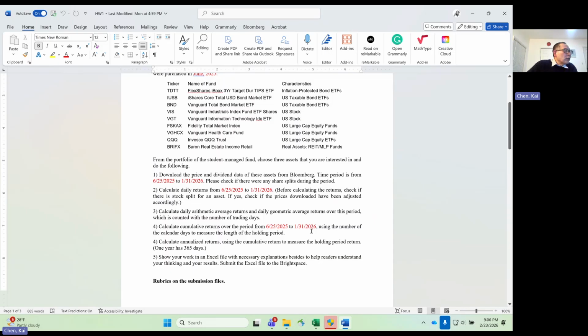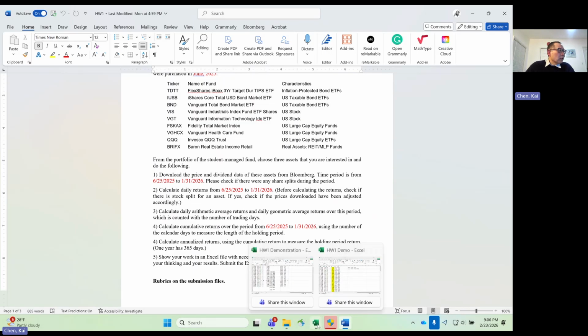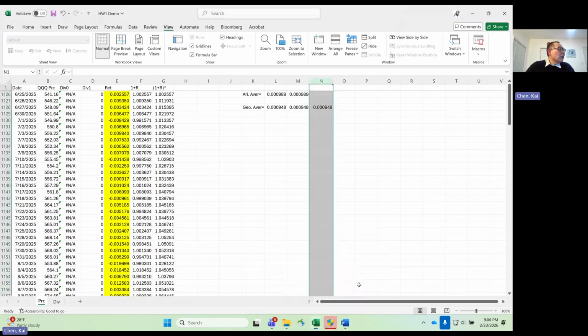Using the number of calendar days to measure the length of the holding period. Now let's look at the cumulative return.